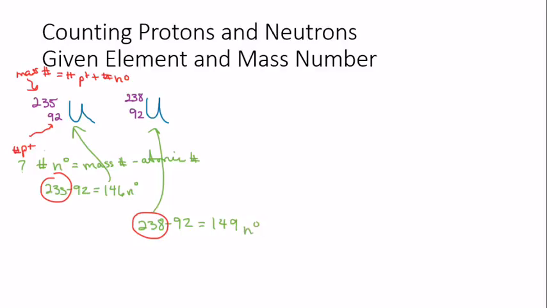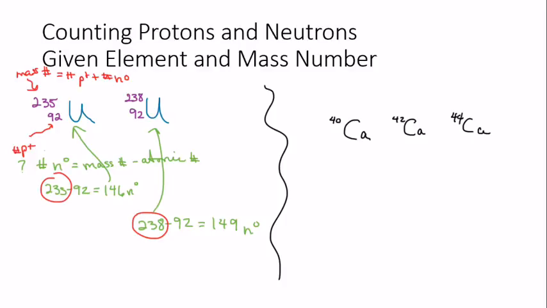Now I want you to do one on your own and answer the video question. I looked up calcium, and calcium has 3 naturally occurring isotopic forms. I'll put the mass number in the upper left-hand corner: a mass number of 40, a mass number of 42, and a mass number of 44.